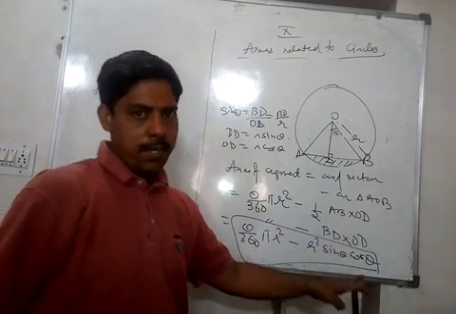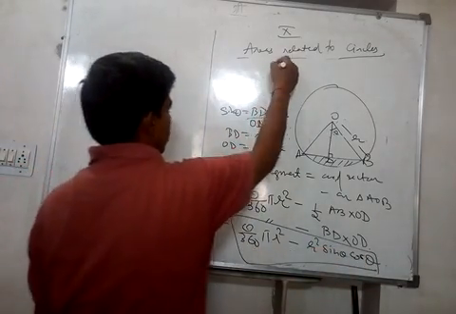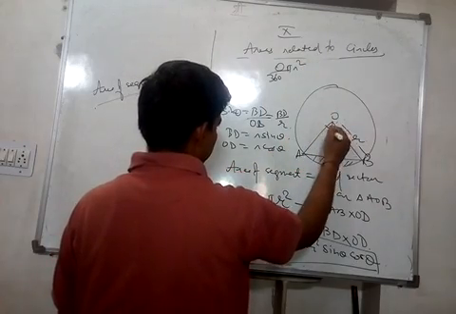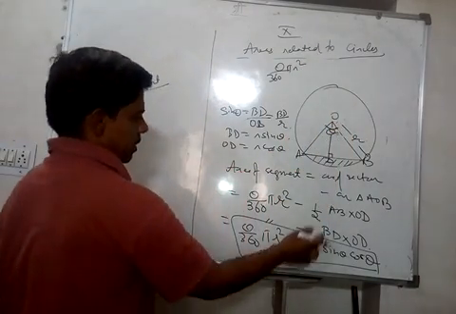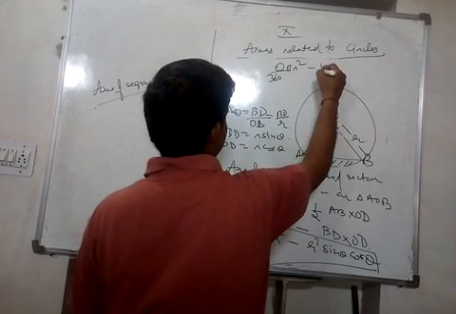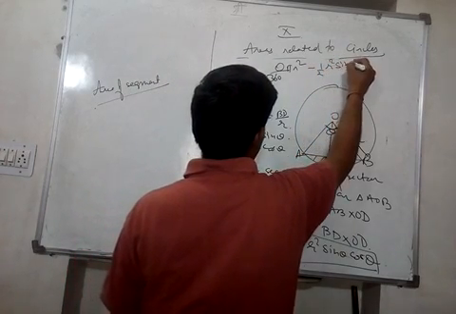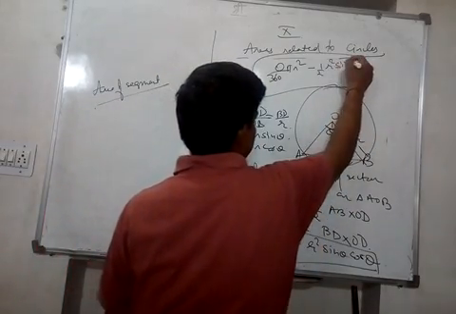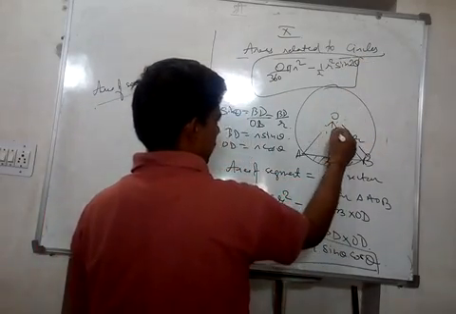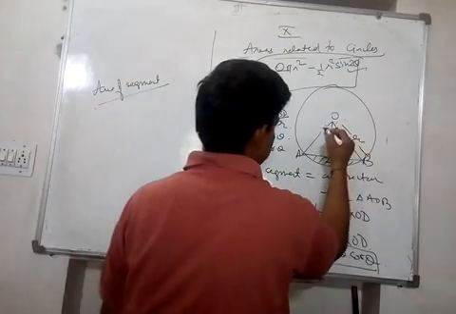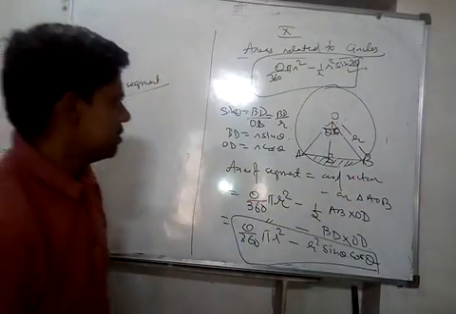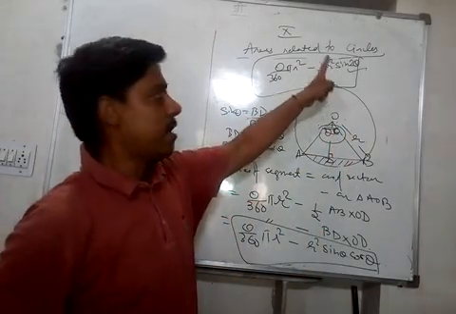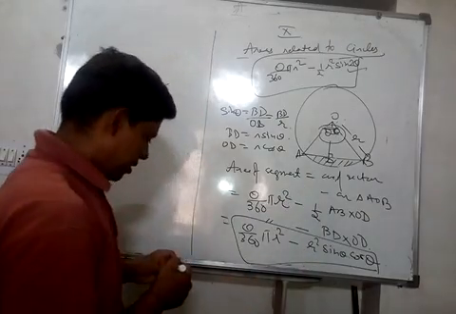Now if you know higher trigonometry, then you can convert this into theta upon 360 pi r square, and if I take this complete angle as theta, then this can be written as minus half r square sin theta. Or you can write it as 2 theta. Suppose if you take this as theta, then this is also theta, then this becomes 2 theta. So normally we just consider this 2 theta as one angle theta. So we sometimes write half r square sin theta. So this you should understand.